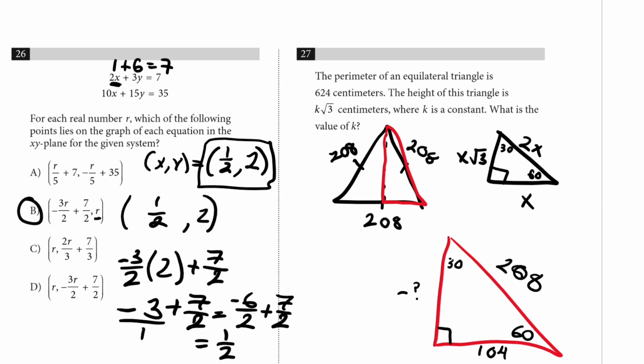We know that the question mark has to be some value x times the square root of 3, like the question explains. So to figure out what x is, or as the question stated, k, all we have to do is look at the value opposite to 30 degrees, which is 104. So 104 is the answer.